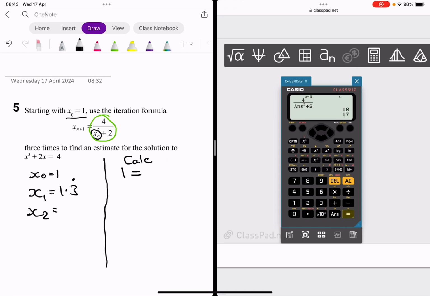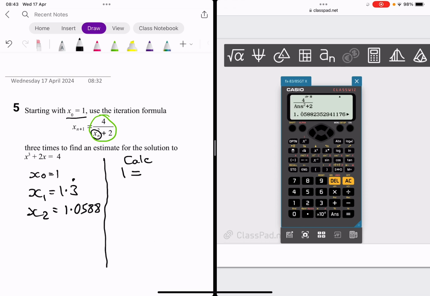So if I press equals again, that gives me 18 over 17, which if I convert is 1.0588. I can see there's a recurring going on there, but it's actually a very long number. So I'm writing down the first decimal places. I could write down more if I want.